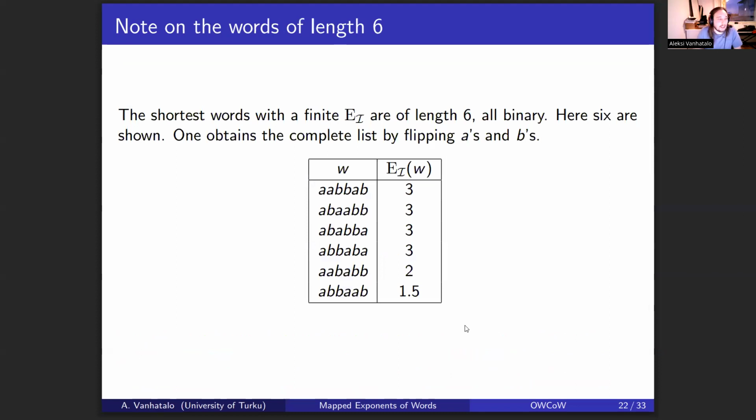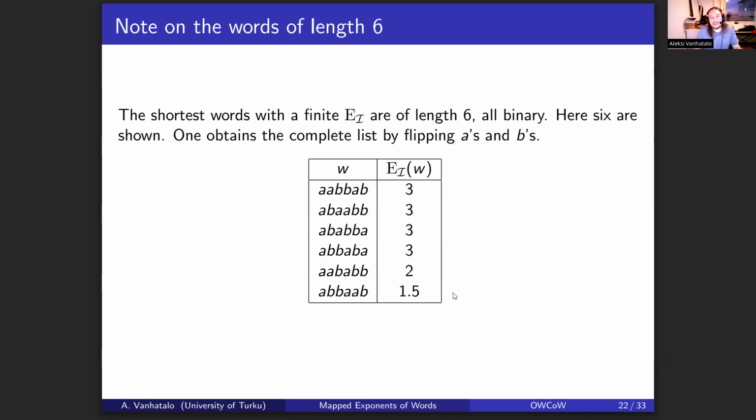And the last thing that I have for finite words is that I can compute exactly some values of this mapped fractional exponent, but I have no general way of doing it, so I go case by case. It seems there's an almost general way of doing it, but not quite.